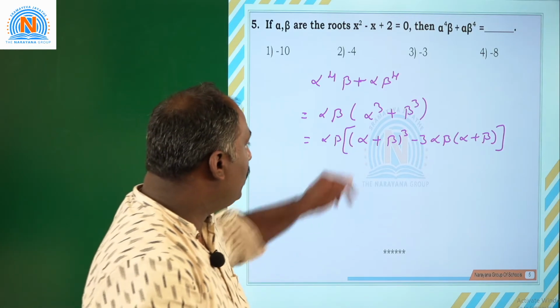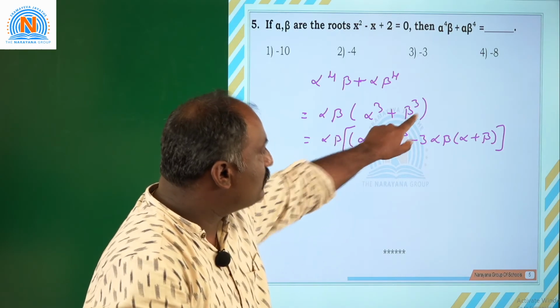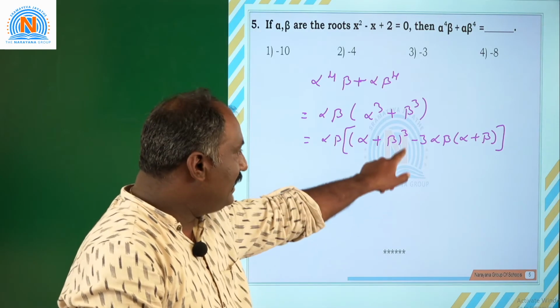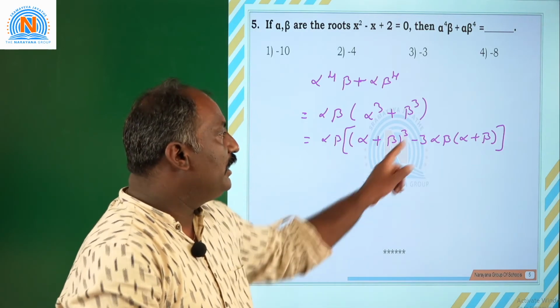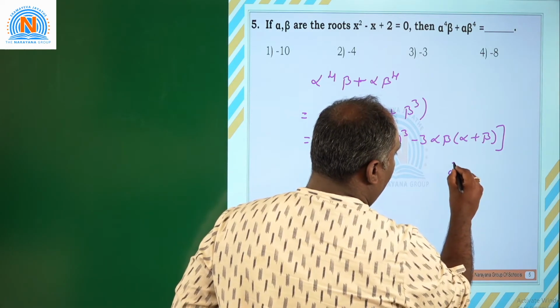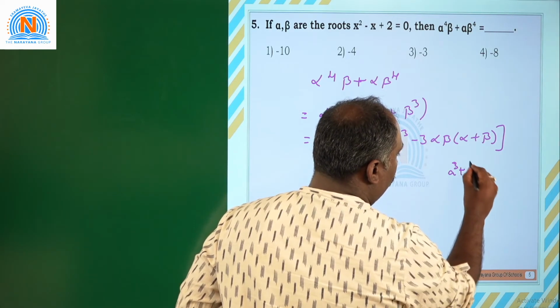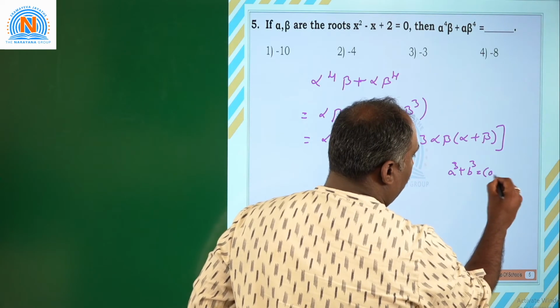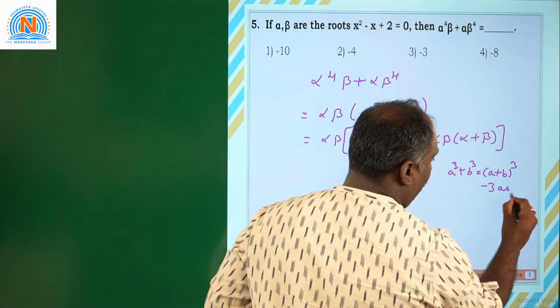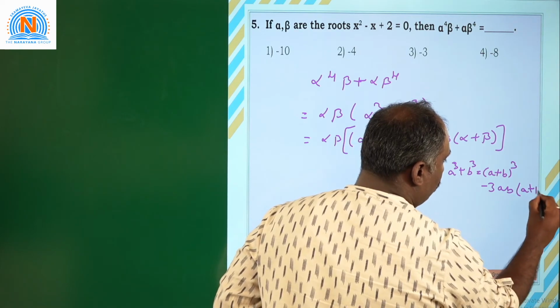From this I get alpha cube plus beta cube as alpha plus beta whole cube minus 3 alpha beta into alpha plus beta. If you have doubt, we write this: a cube plus b cube is a plus b whole cube minus 3ab into a plus b. I am using this formula.